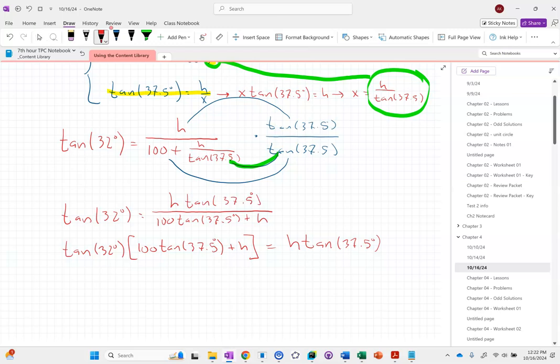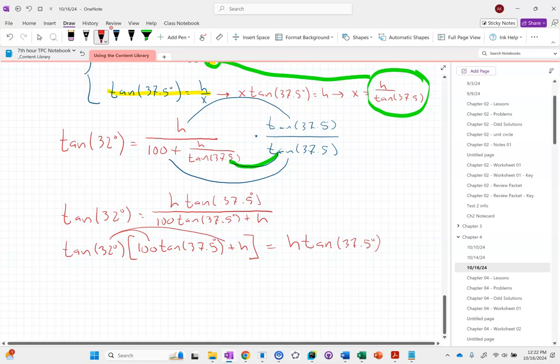So to move that h over, I need to start by just distributing this through. When I multiply tan 32 by 100 tan 37, I just get 100 tan 37 times tan 32. And then tan 32 times h is just h times tan 32.